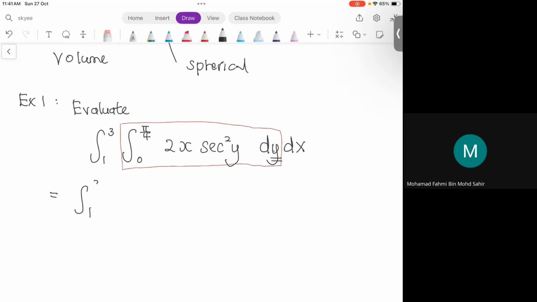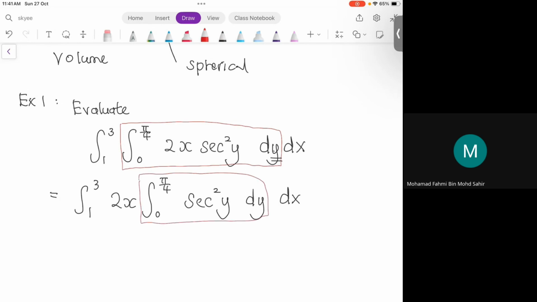So 1 to 3, 2x I'm going to take out because they are constant. We don't integrate the constant. Here we just focus on secant squared y dy and dx. We'll perform this dy first.